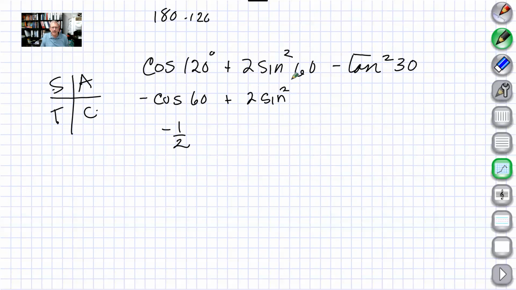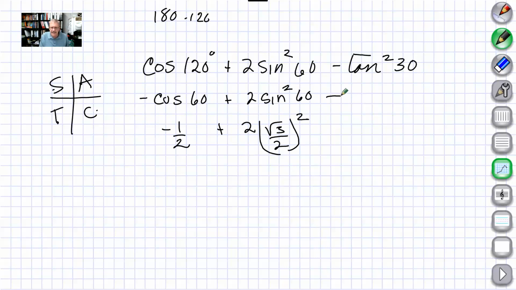Sine squared 60 will be 2 times, and the sine of 60, what's the sine of 60? The sine of 60 is radical 3 over 2, and I have to square that. Okay, so I got that.